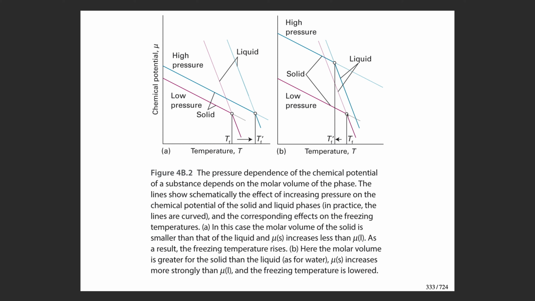In that case, when you increase the pressure, the melting point goes to lower temperatures. Here's the original intersection where you have solid-liquid equilibrium. Then you bump up the pressure, and you find that the new intersection is at a lower temperature.